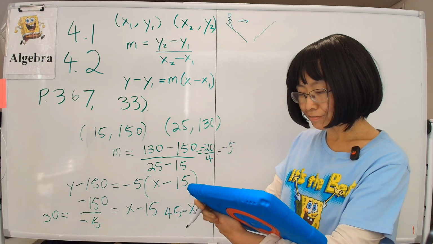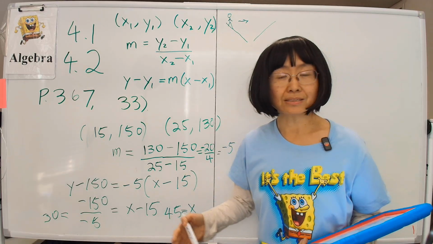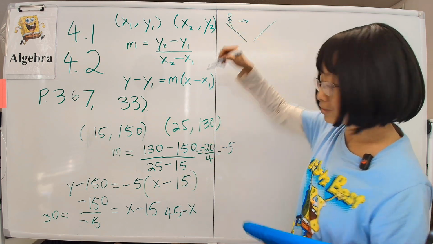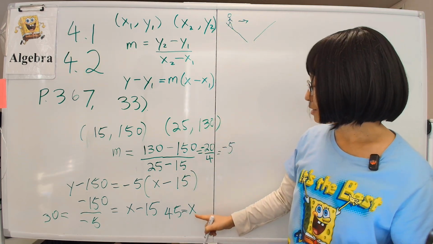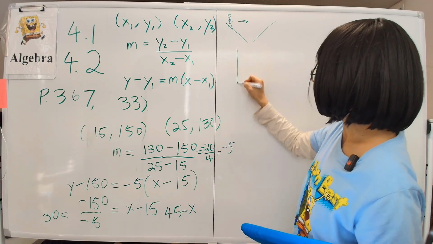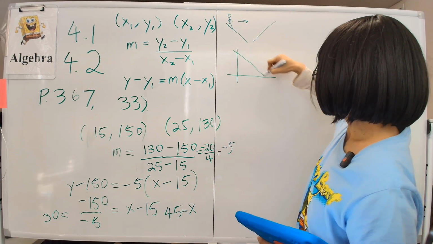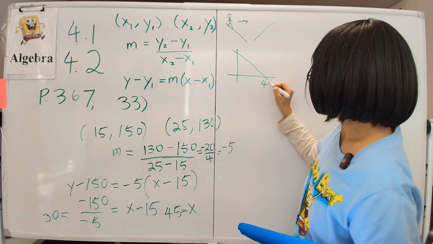What happens at 45 again? That's called the x-intercept. That is when the graph goes all the way down until it cuts the x-axis. When x is 45, the graph is the downhill one, so eventually when x is 45, y will be 0.